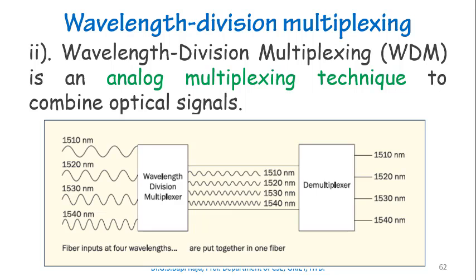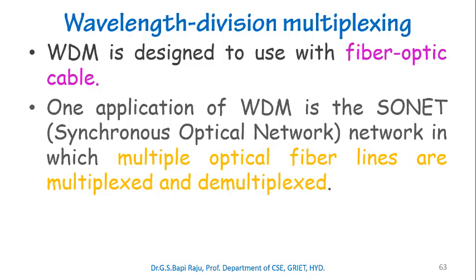In this diagram you have a multiplexer taking 1510 nanometers, 1520 nanometers, 1530 nanometers, and finally they are multiplexed, and on the other side the destination demultiplexer demultiplexes. WDM is designed for use with fiber optic cable. One application of WDM is SONET, synchronous optical network, in which multiple optical fiber lines are multiplexed and demultiplexed.